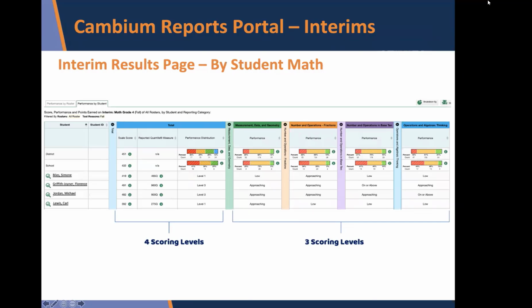Now, what I wanted to make sure that you understand as well is this is just like the summative in that you have a total score and there's 4 scoring levels, right? There's a level 1, 2, 3, or 4. For each domain, there are 3 scoring levels, and those are low, approaching, and on or above.